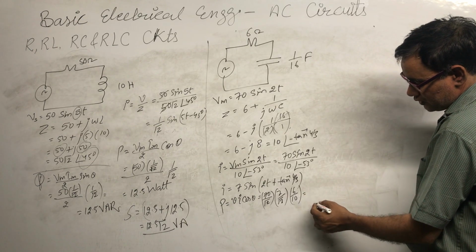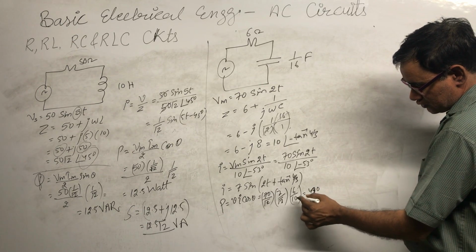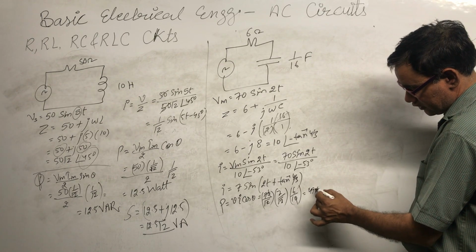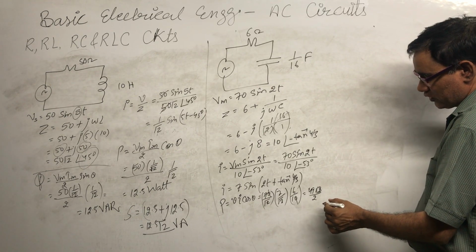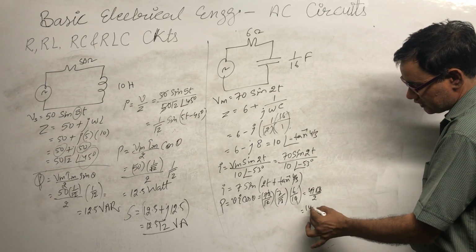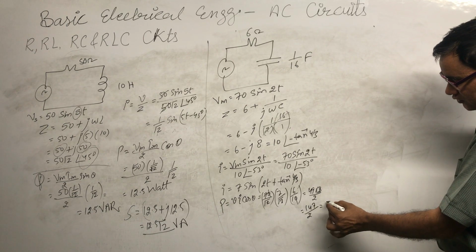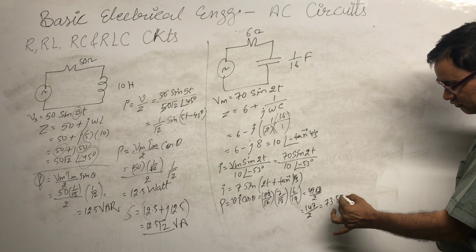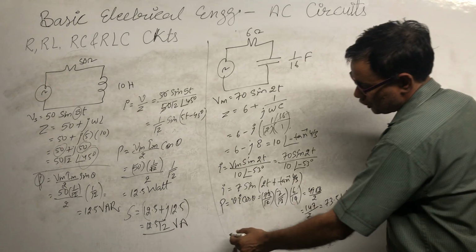So it equals 490 by 2 times 0.6, that is 49 into 3 divided by 2, so it is 147 by 2, that is 73.5 watt.